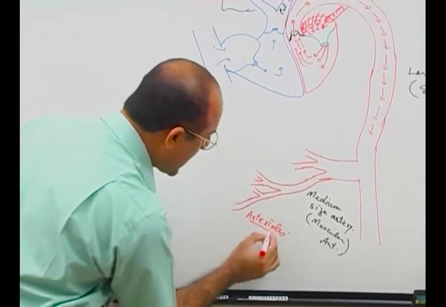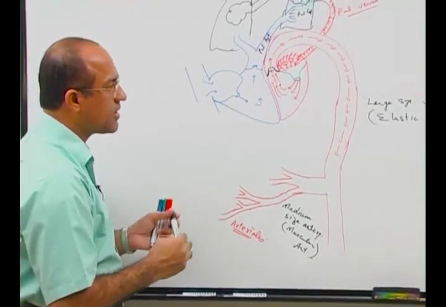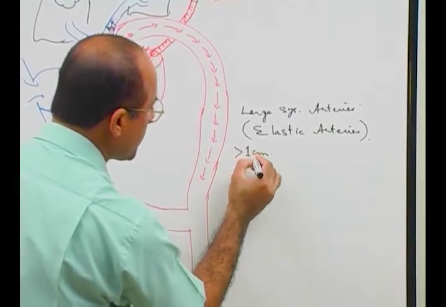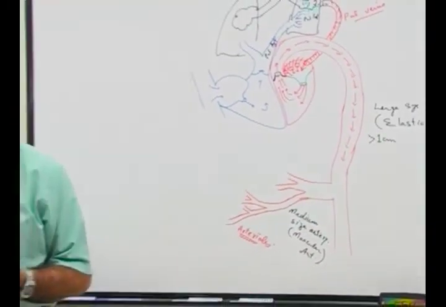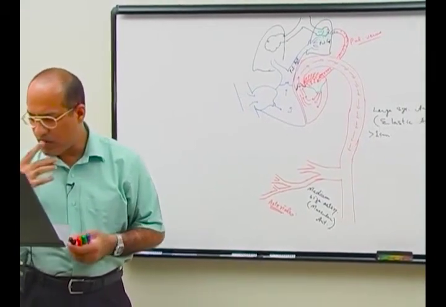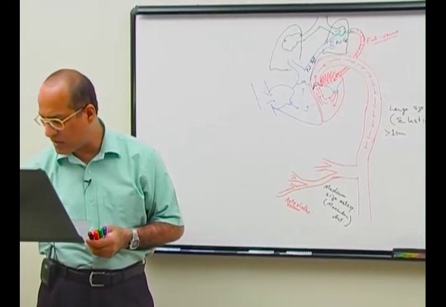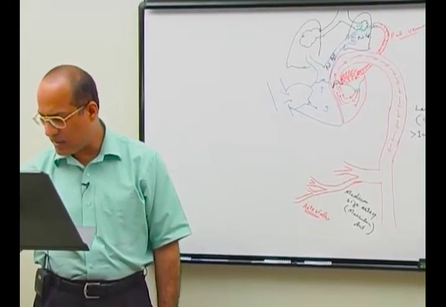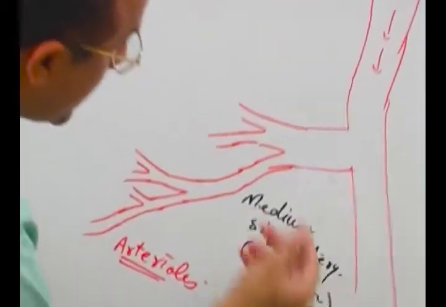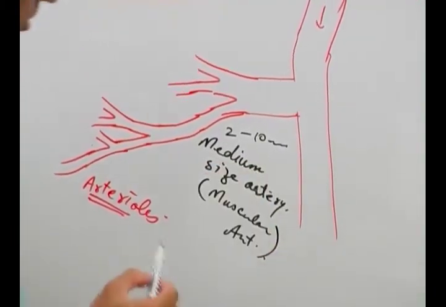Arterioles. These are very small, right? Large arteries are usually more than 1 centimeter in diameter, right? And the medium sized muscular arteries are smaller, somewhere between 2 to 10 millimeters, right?